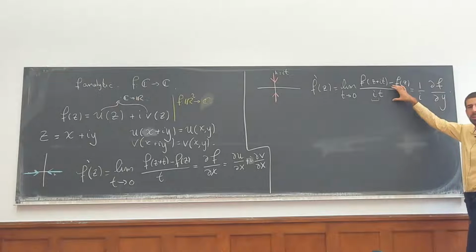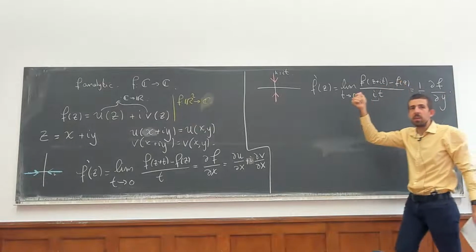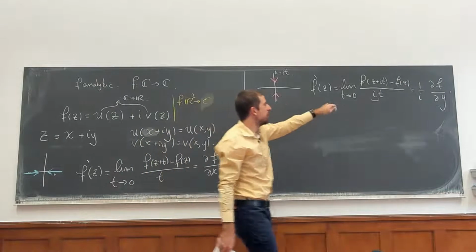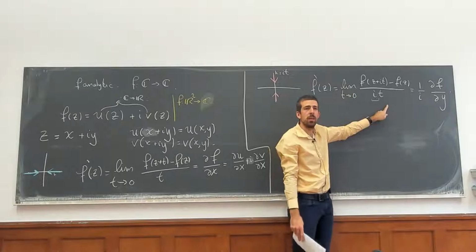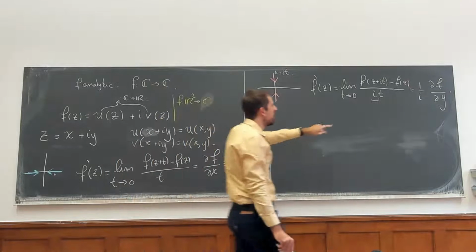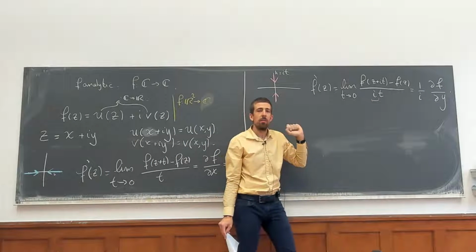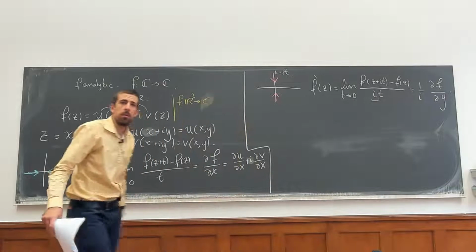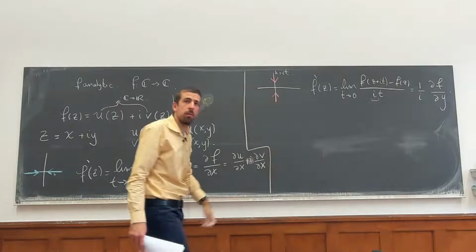When you take a partial derivative, if you were thinking of the input as just receiving x and y, you would divide by how much you changed in y, the increment in y. But here, because of the algebra of complex numbers, you actually divide by i times t. And so what you get is 1 over i times this partial derivative. You bring the i outside and you get exactly that.